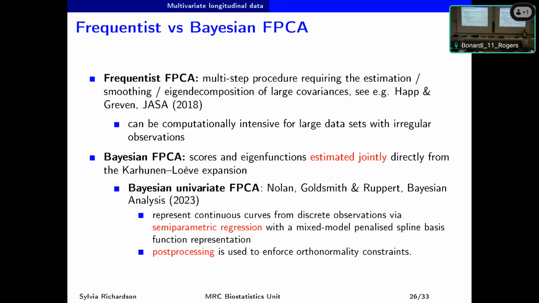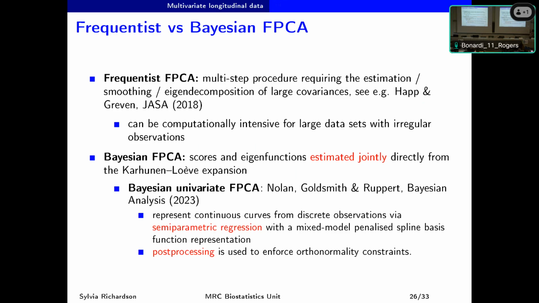So it's a multi-step procedure where you try to estimate these large covariance matrices over lots of different time intervals, and smooth them somehow to extract the eigenfunctions, which again you smooth. It's multi-step and computationally intensive, but it works.